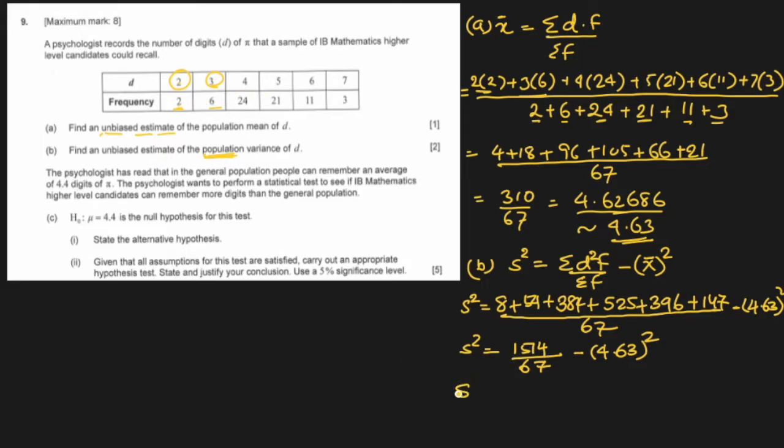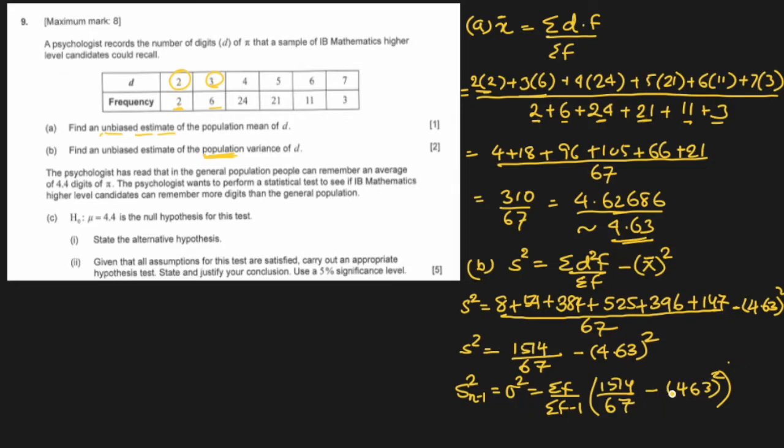For finding the population variance, which we call S square n minus 1, or sigma square, we take this whole answer and multiply it by n over n minus 1. In this case it is not n, it will be sigma f. So sigma f minus 1, and then 67 over 66, times 1514 over 67 minus 4.63 square inside.